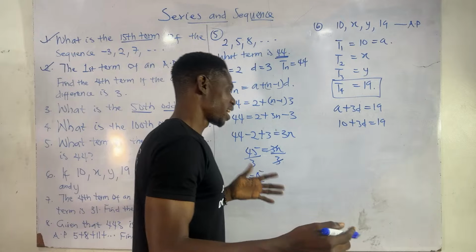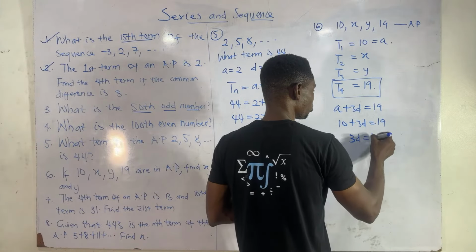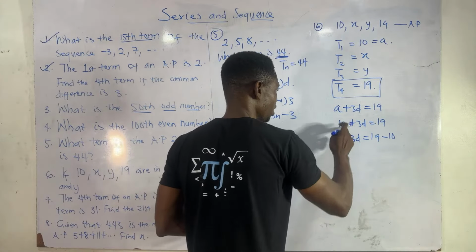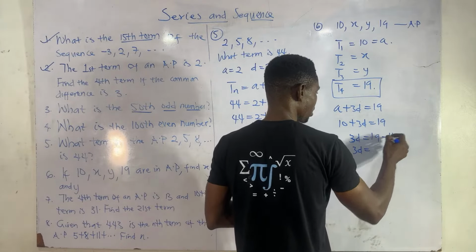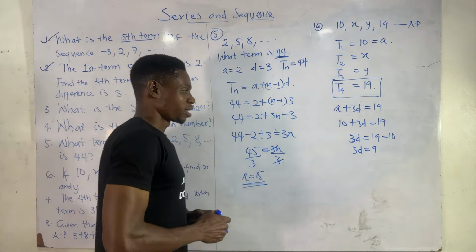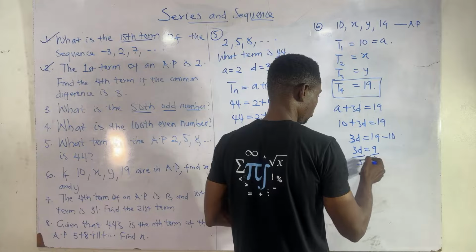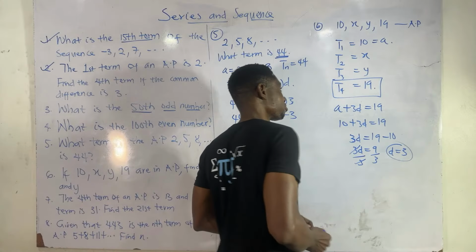So we can do our like terms. So 3D will be equal to 19 minus 10. Plus 10 goes here, becomes minus 10. So 3D equals 19 minus 10, that's 9. We can divide both sides by 3. So our D equals 3.